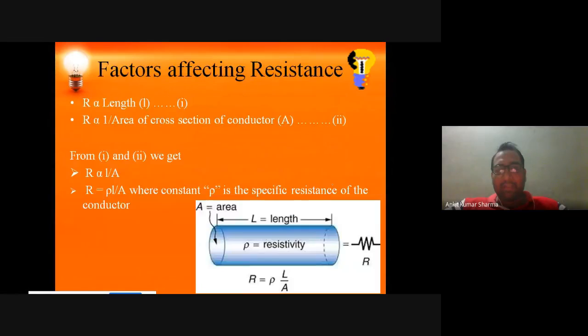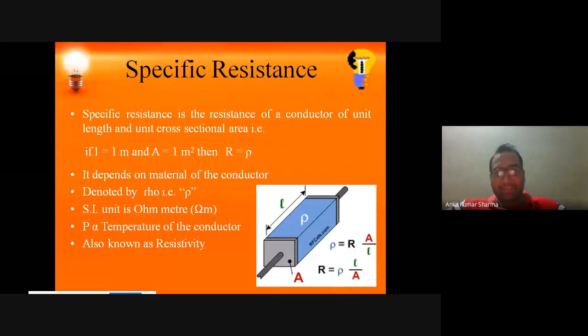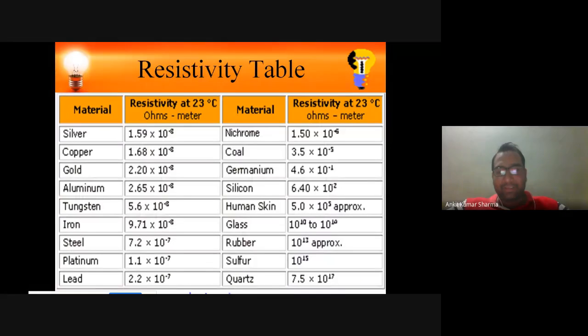We have also covered the definition of resistivity, the factors affecting resistance, and specific resistance in the previous lecture. And you all know about resistivity now.